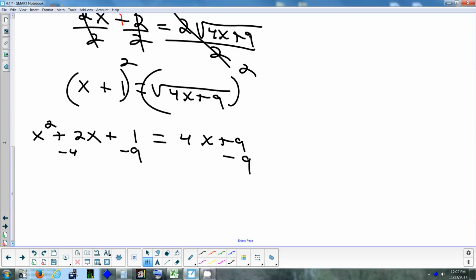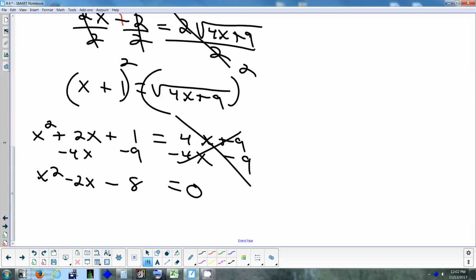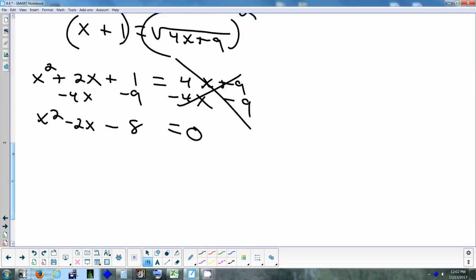Subtract your 9. I would subtract the 4x at the same time. 2x minus 4x would give me negative 2x. And what's 1 minus 9? Negative 8. If it's factorable, that would be ideal. If not, then you'd have to use the quadratic formula.